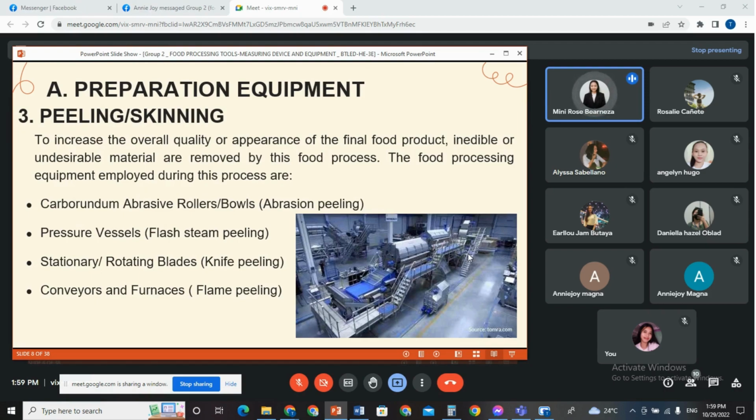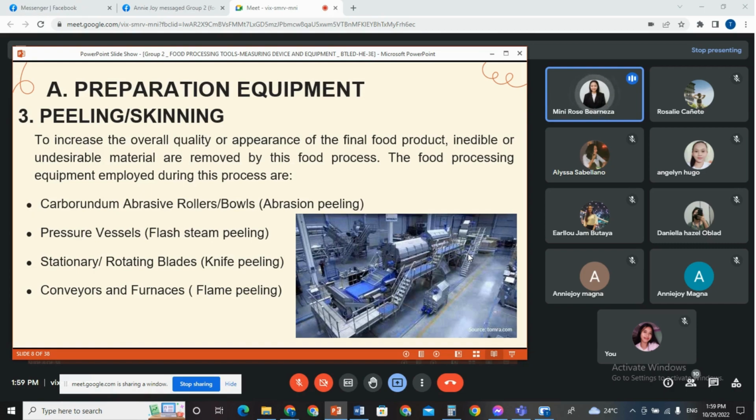To increase the overall quality or appearance of the final food product, inedible or undesirable materials are removed by this food process. The equipment employed during this process are carborundum abrasive rollers or bowls.